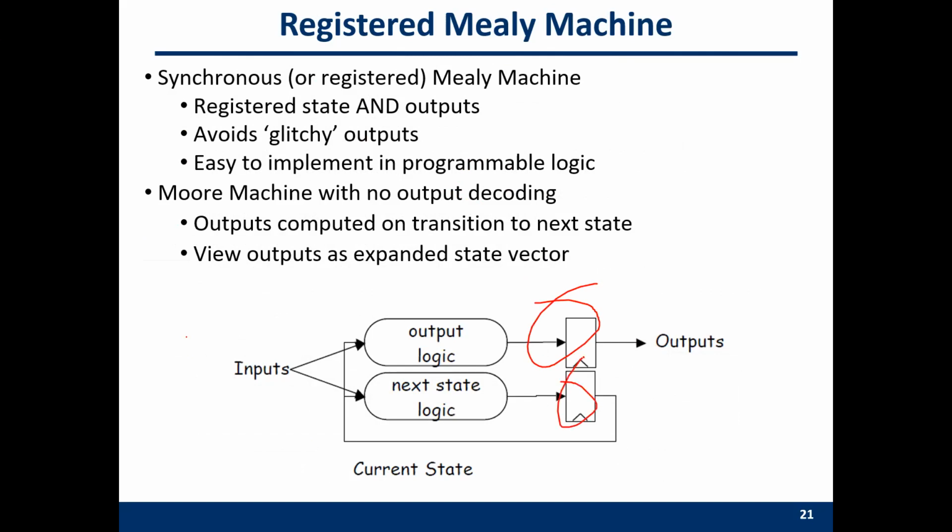So there is no glitch on the output. So it's easy to implement in programmable logic. It's equivalent to a Moore machine without the output decoding. The output can be computed on the transition to the next cycle, the next state. We can view the output as an extended state vector.